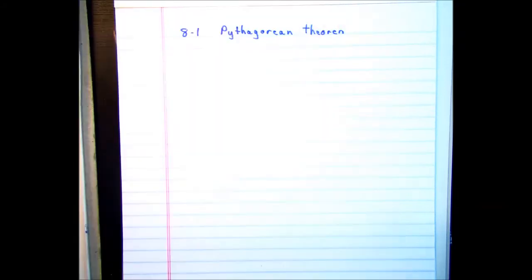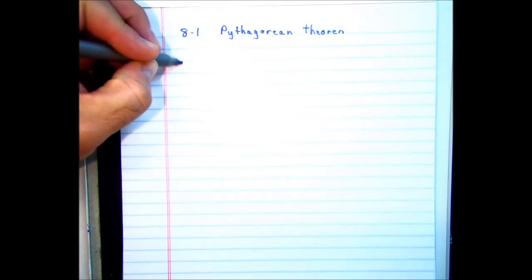All right, so we start with the Pythagorean theorem. When dealing with the Pythagorean theorem, it's a way of finding the sides of a right triangle if you know two of the sides.